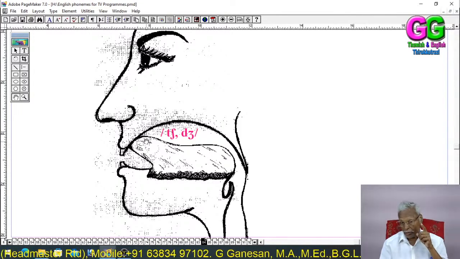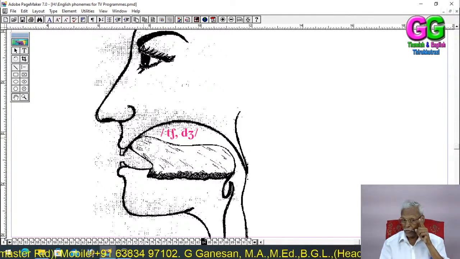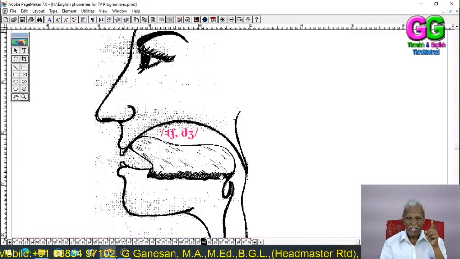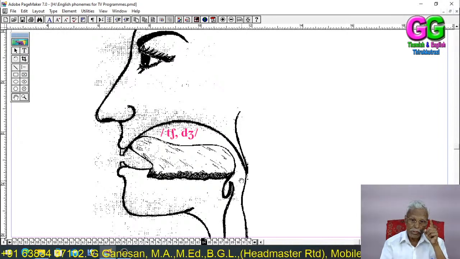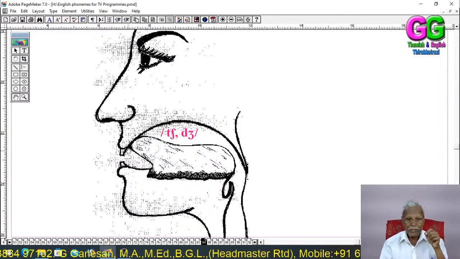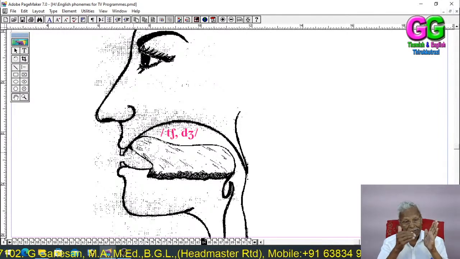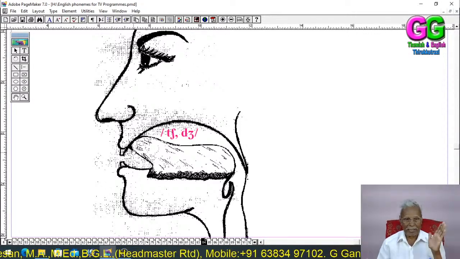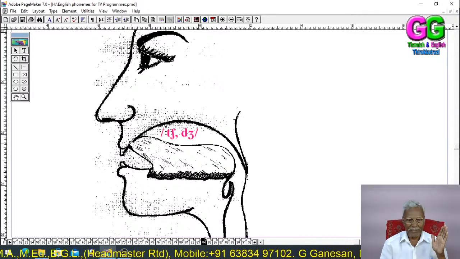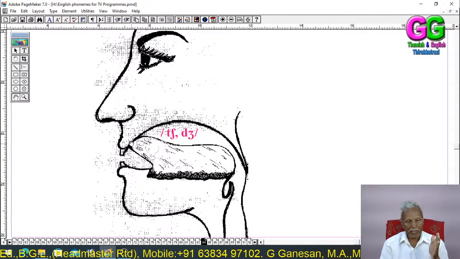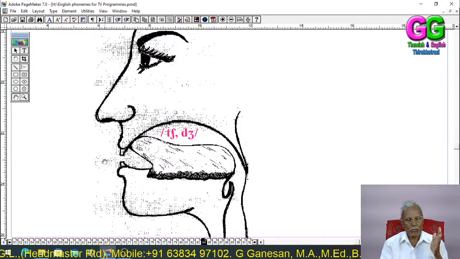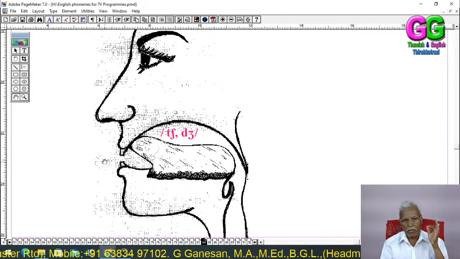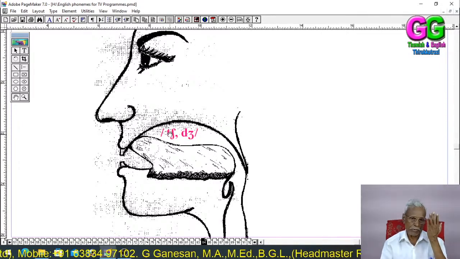That is, when the front of the tongue is raised and sends out the air pushed out by the vocal cords, the front of the tongue that is already in contact with the upper teeth ridge gets released, comes back, and the air in the palatal region escapes through the mouth. This is the way the phoneme is produced.